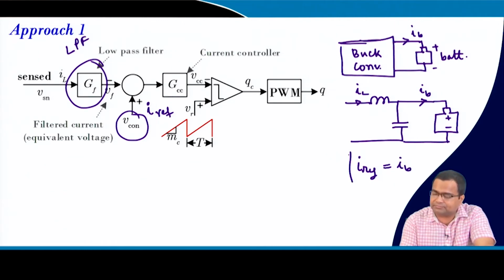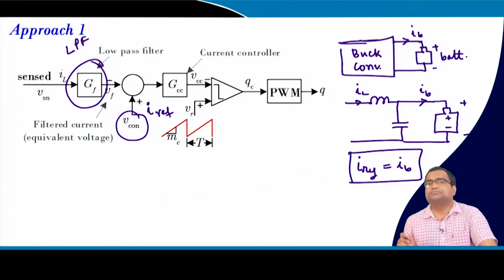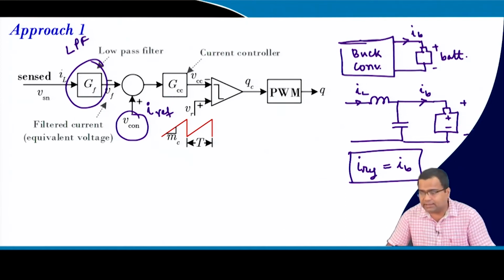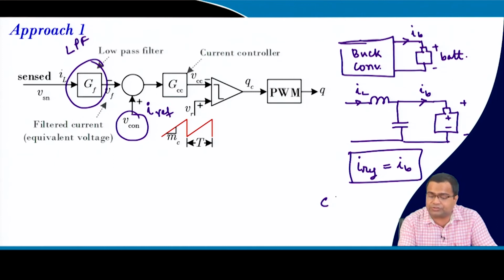We do not take into account the closed voltage loop, because while charging a battery there is something called CC mode, constant current charging.